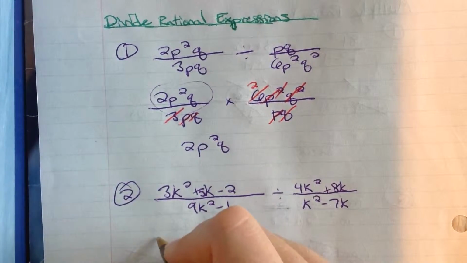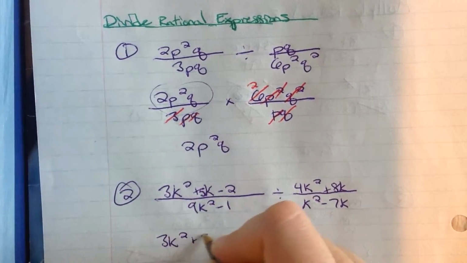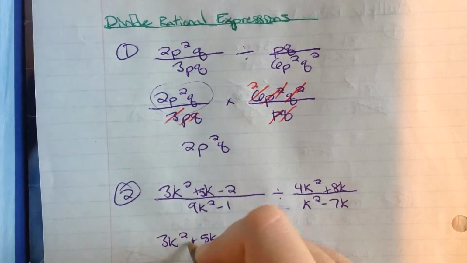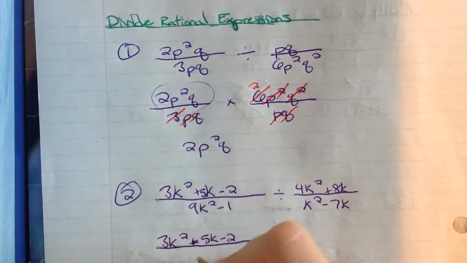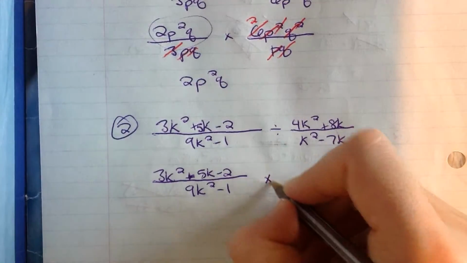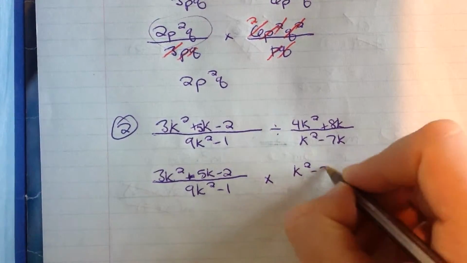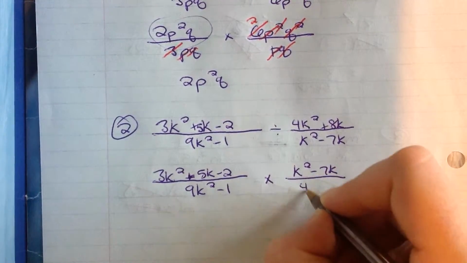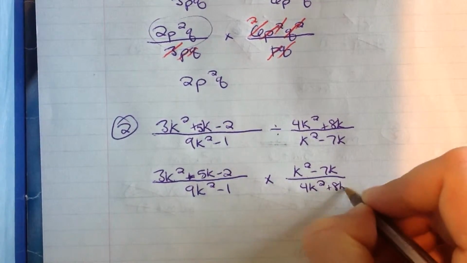So remember, keep the first fraction the same and multiply by the reciprocal of the second fraction. So first fraction the same, multiply, flipping, here's the denominator flipped to the numerator, numerator flipped to the denominator.